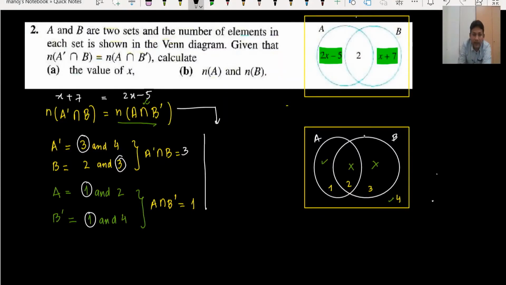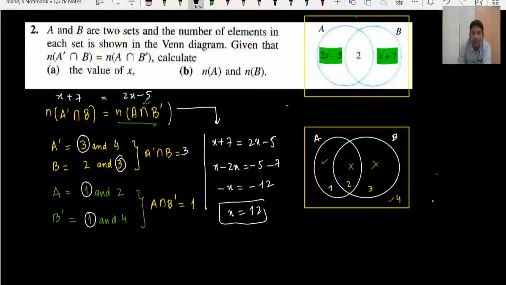Let x plus 7 equal 2x minus 5. Moving terms, x minus 2x equals minus 5 minus 7. Minus x equals minus 12, and x equals 12. We got the value of x, which is 12.